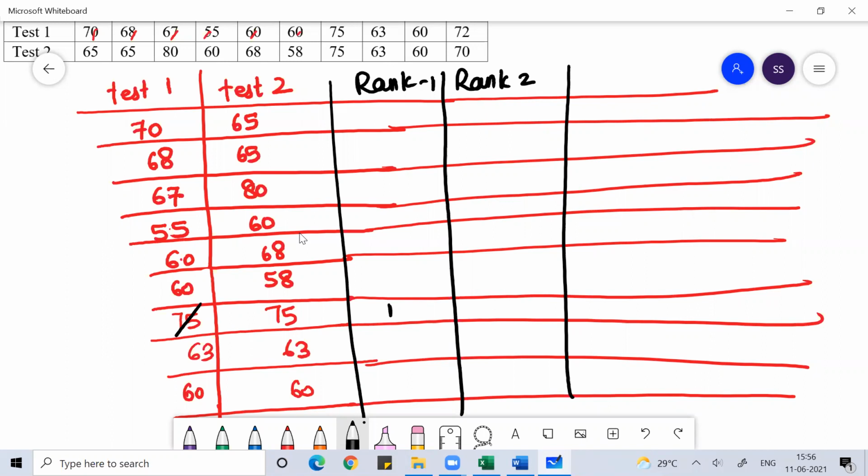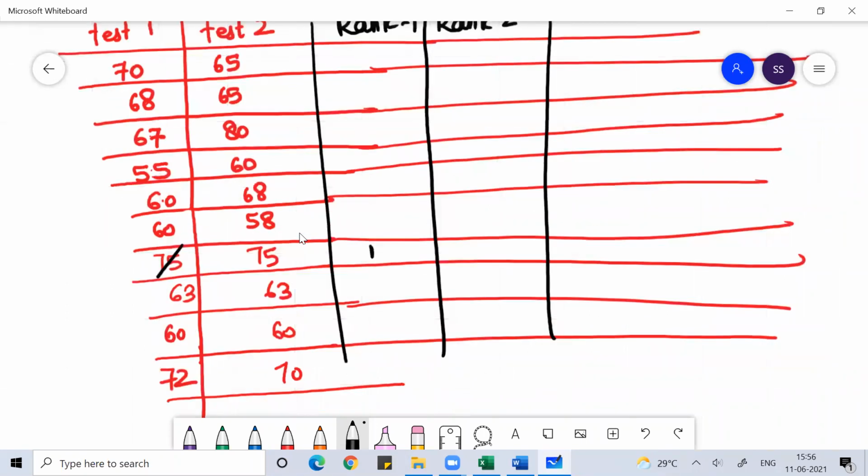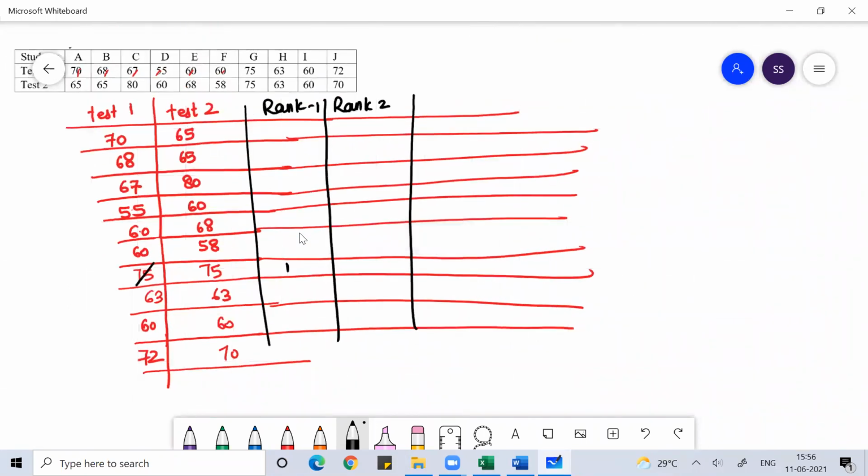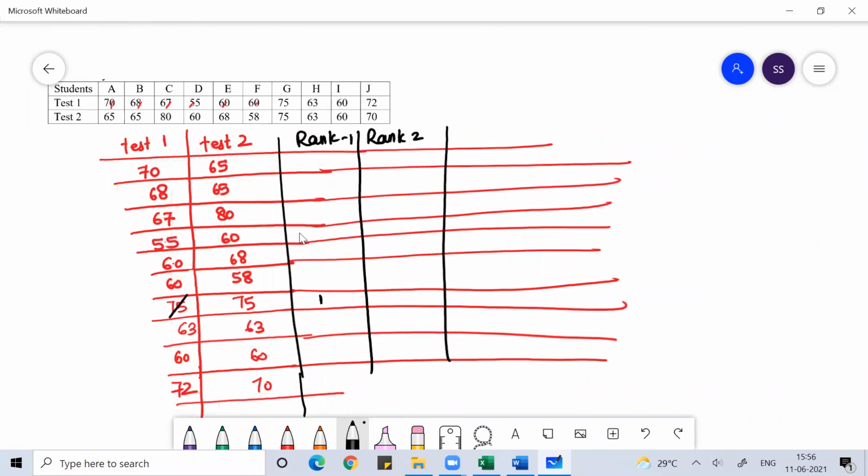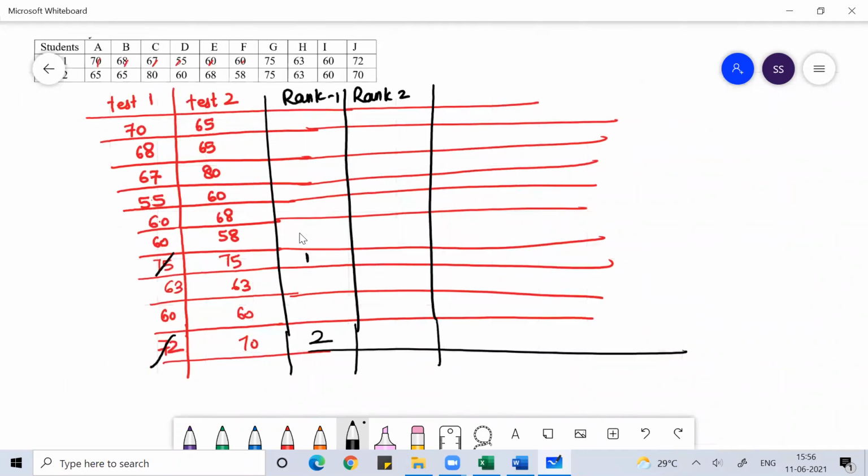Then the second largest is 72. The third largest is 70. Then the fourth largest is 68. Then 67.